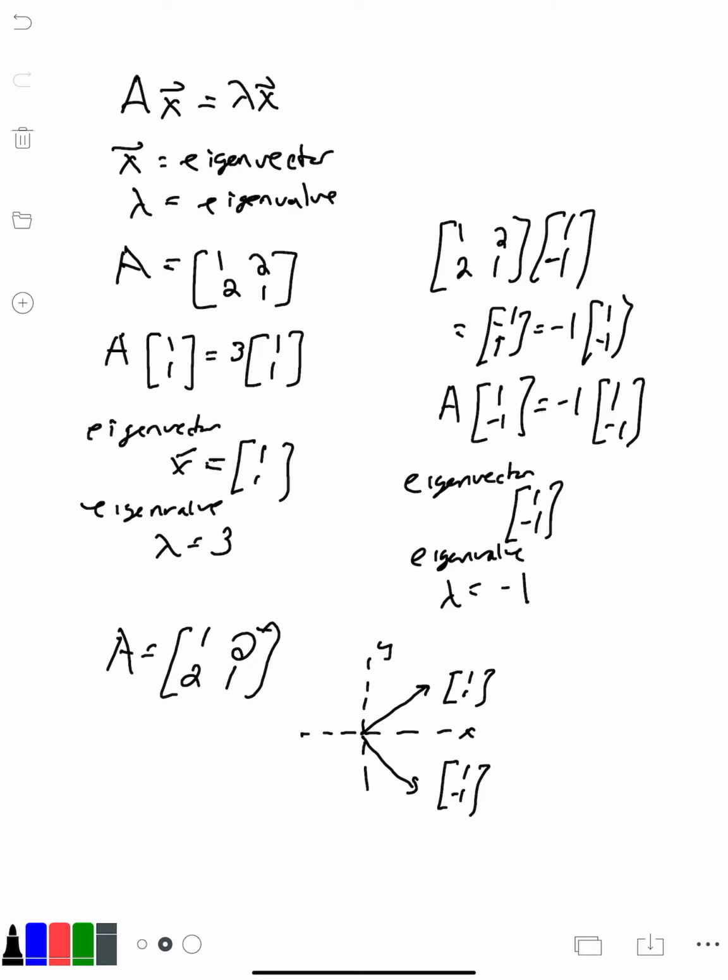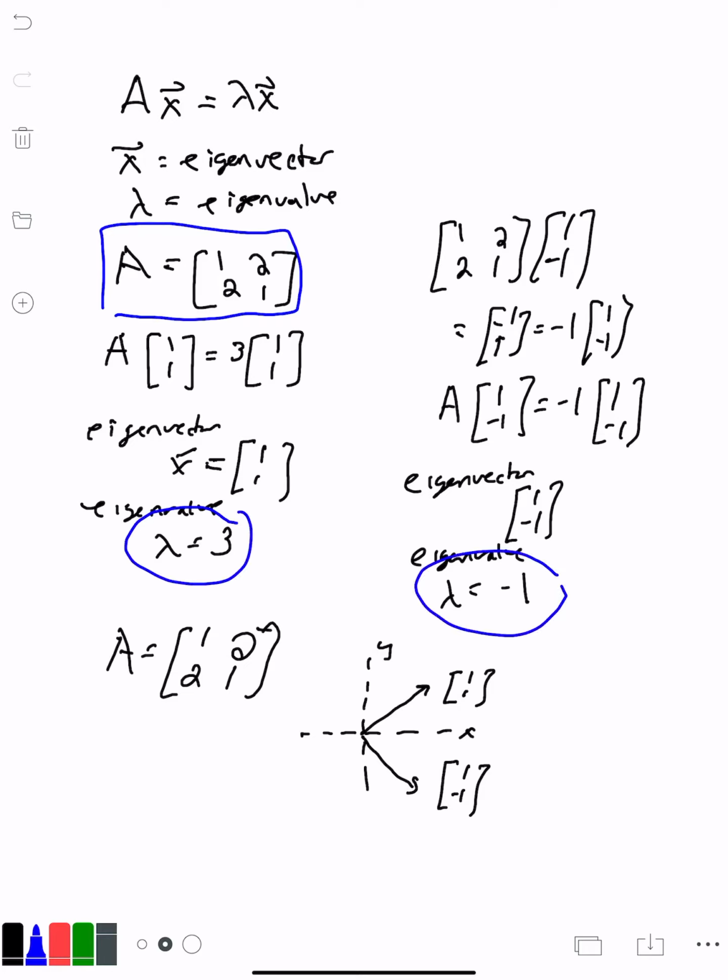But the main idea is, I'm going to give you a matrix, and it will be a 2 by 2 matrix like this. And what I'm going to ask you to do is find, first, both of the eigenvalues. And since I give you a 2 by 2 matrix, every one I give you will have 2 eigenvalues. And then once you have an eigenvalue, I want you to find the eigenvector for each one.